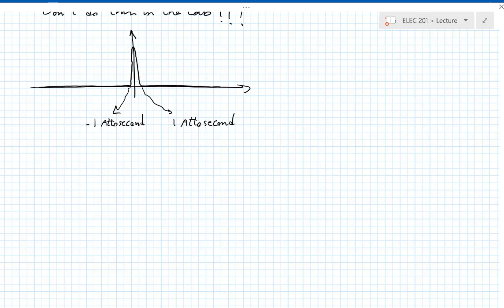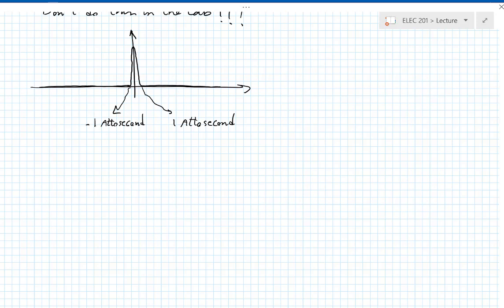In fact, it's not a bad number for this example, because electronic processes typically happen on the scales of tens to hundreds of attoseconds, the really fast processes. So here I have set a very, very short time. Now imagine you have a function like this, that has a very tall peak, but it's confined to a very, very small region. Now that peak is very tall, but it's not infinity, OK?